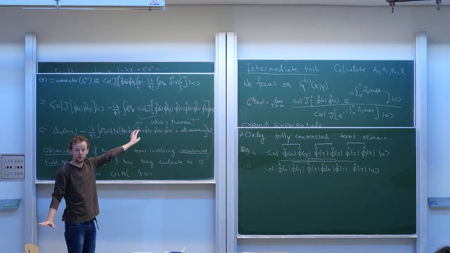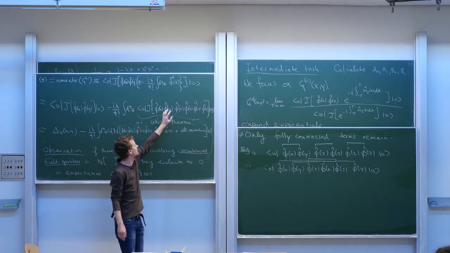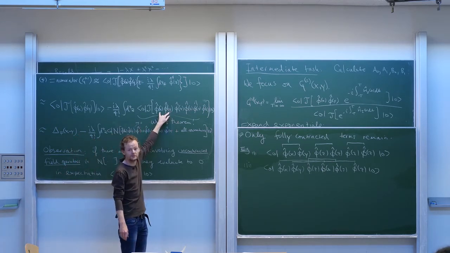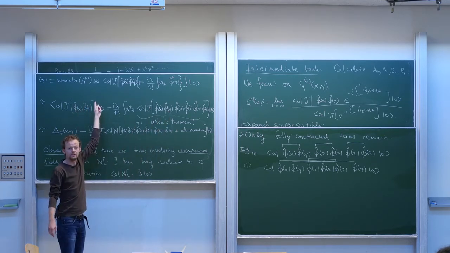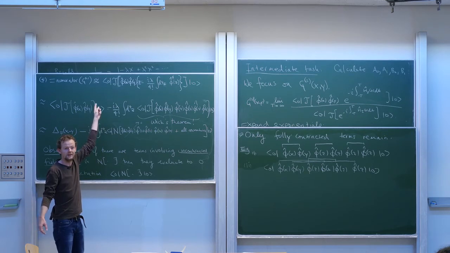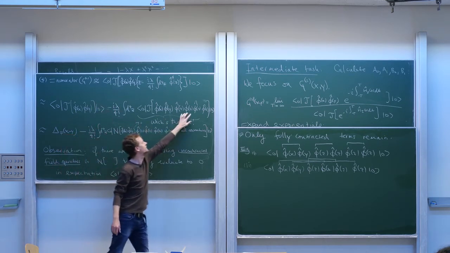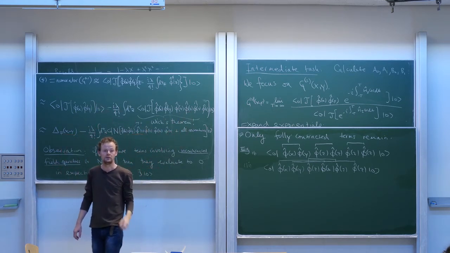No, we can do it for odd, but the first order won't contribute. The first order term here contributes only when you've got an even number of fields inserted, when you've got G2 or G4, an even n, and you've got an even number there.